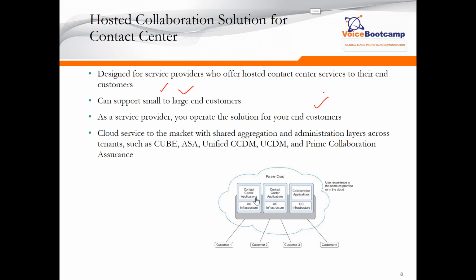It is a cloud service to the market with a shared aggregation and administration layer across the tenants. There are certain products that will be shared between all the tenants, while certain products will be specific to those tenants.